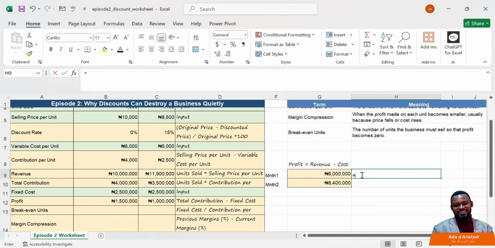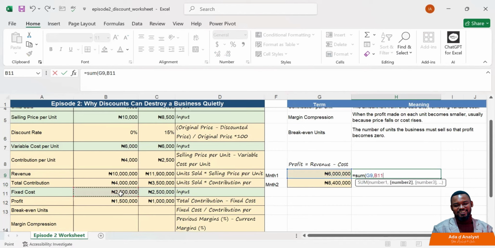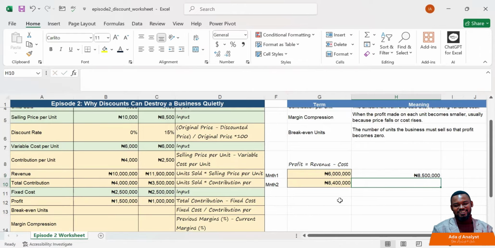We can say equals sum. We want to add the total variable cost for month one with our fixed cost for month one, okay? We hit enter and we are going to get our total cost for month one.